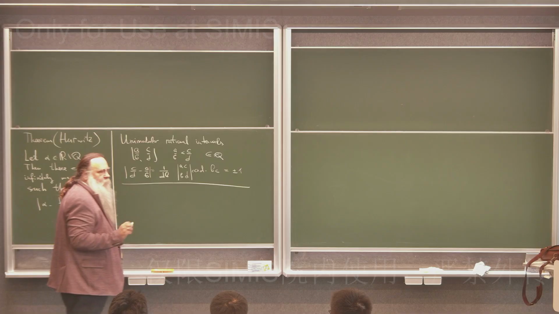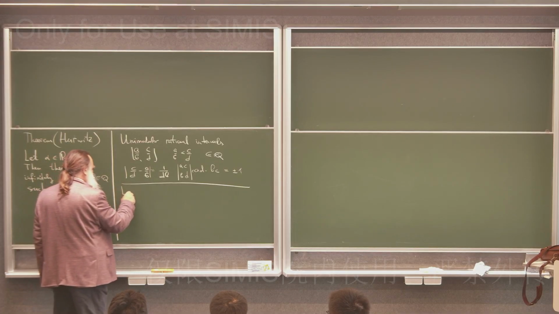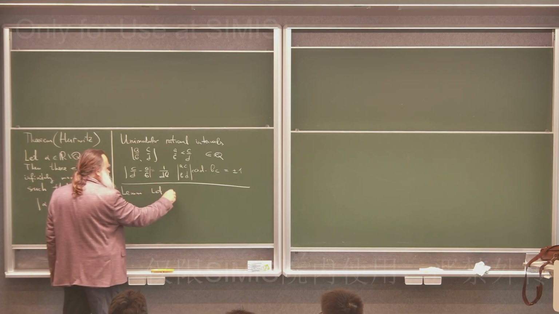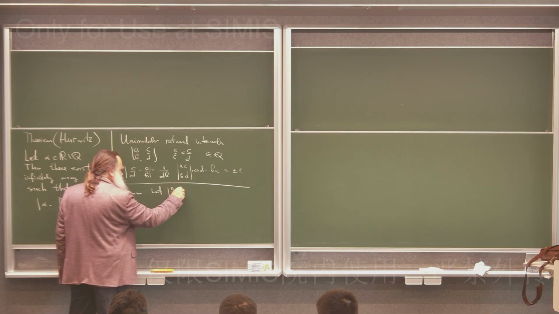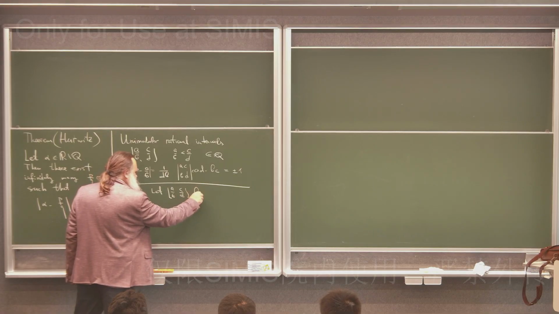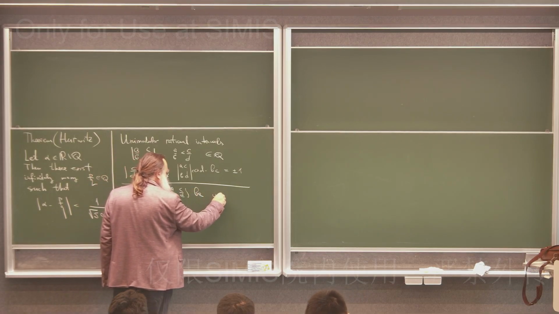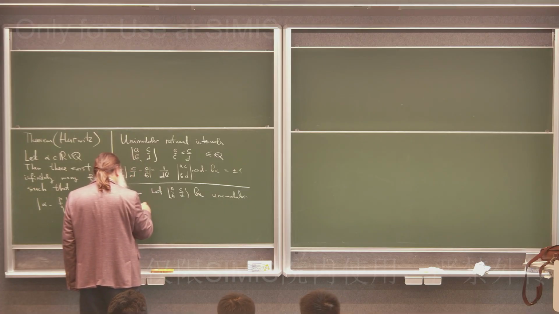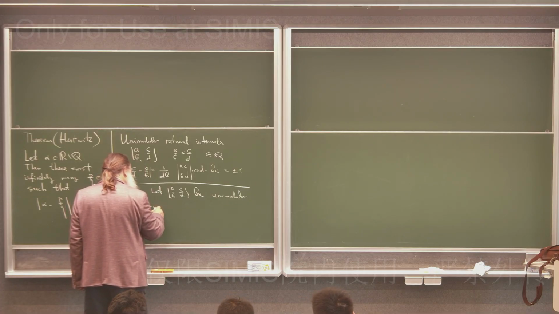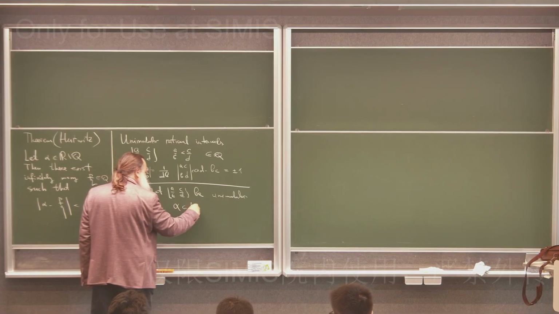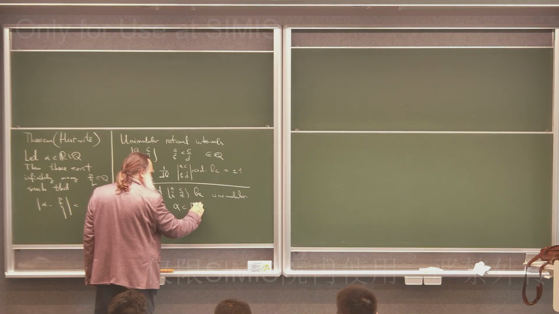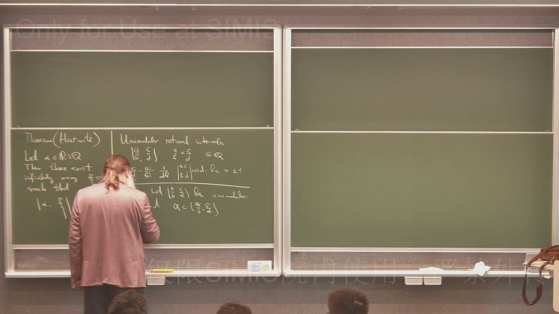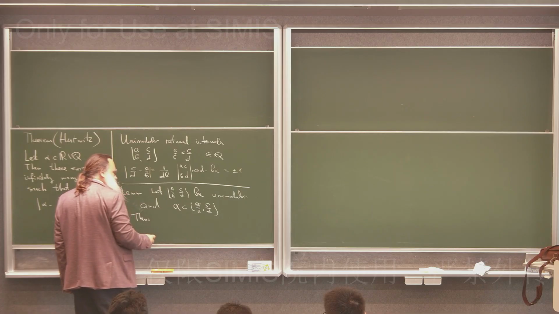And now we prove the following lemma, main lemma. Let interval AB, CD be unimodular, and alpha belongs to this interval, AB, CD. Then there are 3 opportunities.